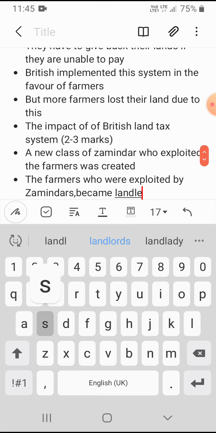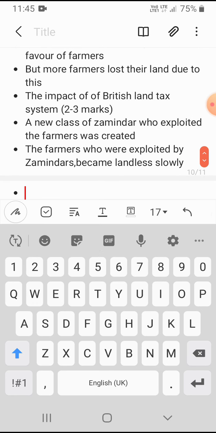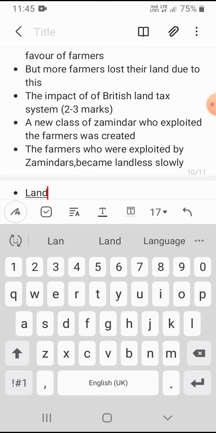They were having no land. Slowly they became landless, and land became a commodity.